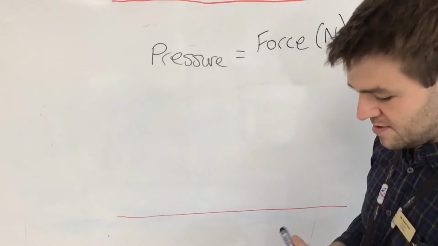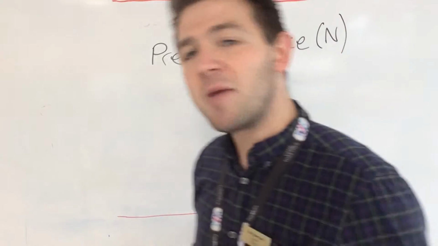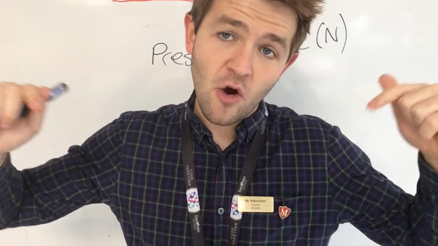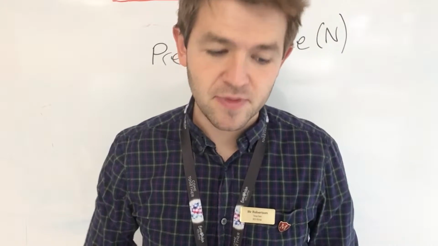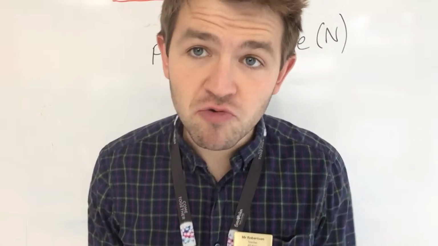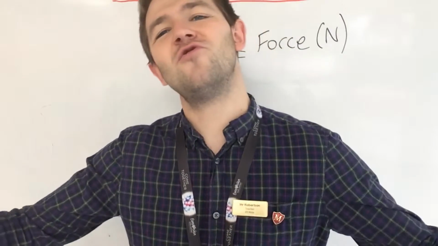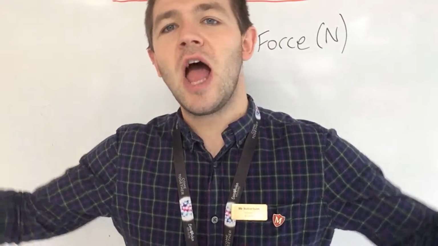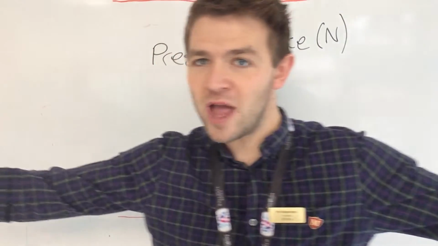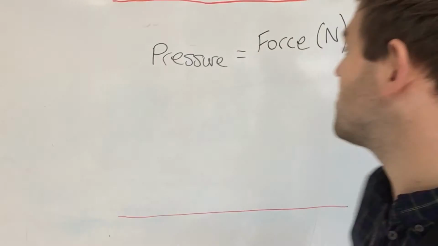Now the thing is, why did the big man stay above the snow and the little boy went under the snow? That's because of the shoes. The big man had really big shoes, and the really big shoes spread out all his weight on a bigger area.